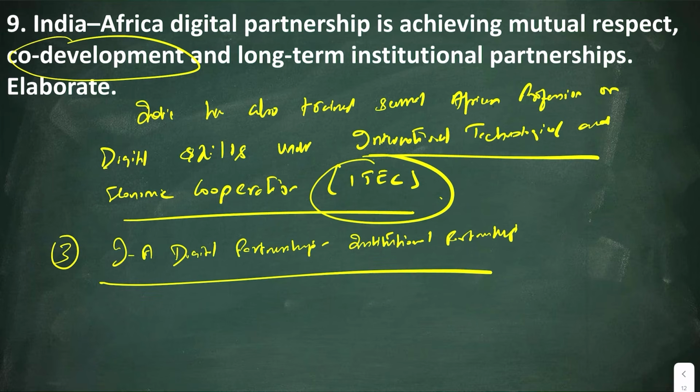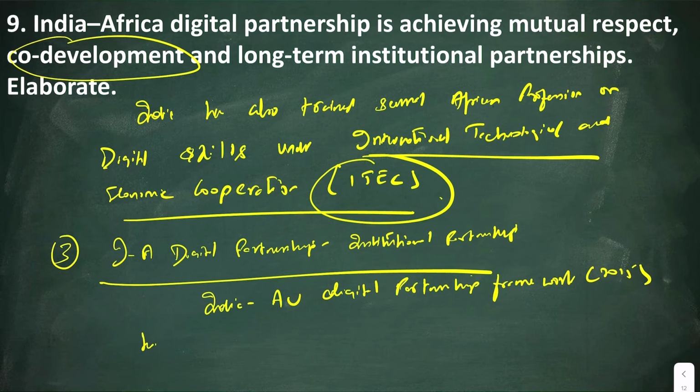Here you can elaborate: India, AU, African Union, digital partnership framework, 2015, as institutionalized digital cooperation between these two regions.